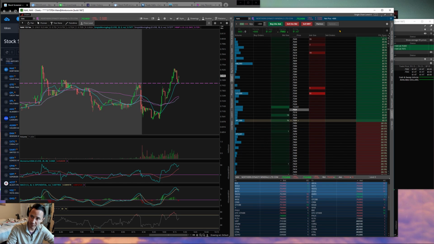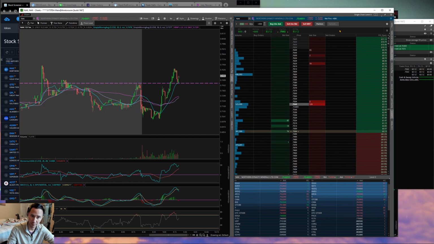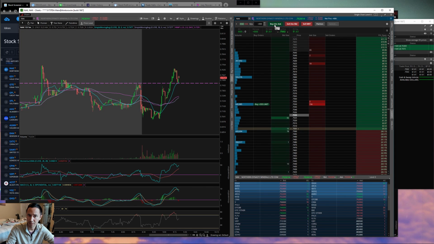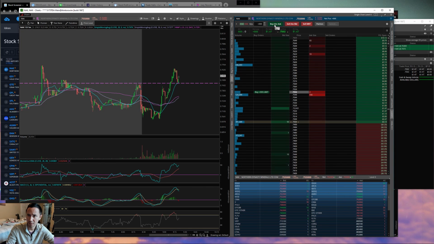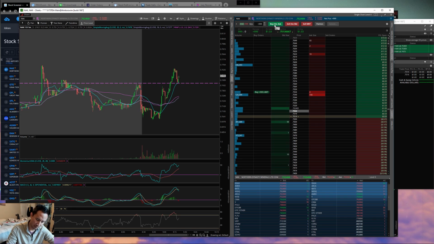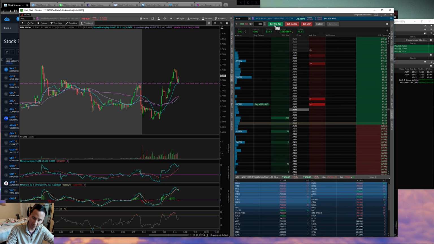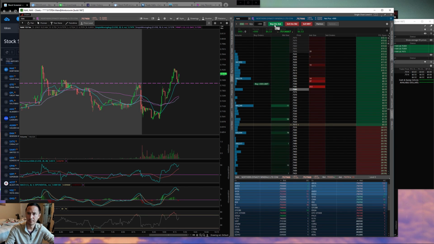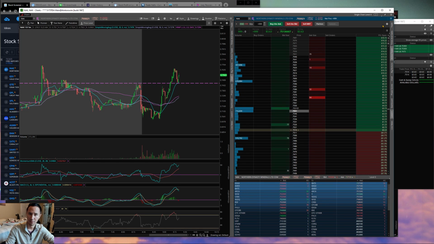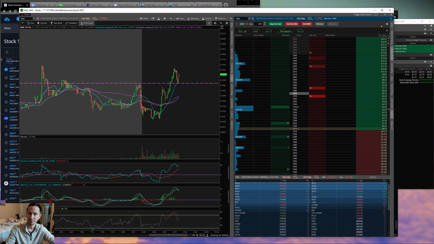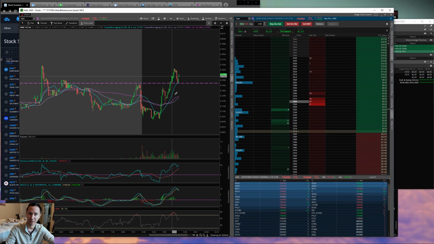I got in at 7530, and then buy again. 7536. So I have a full big stack in here. $750 in this one movement.